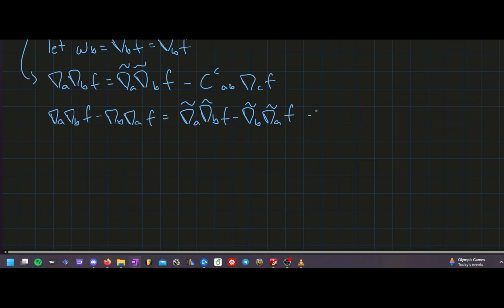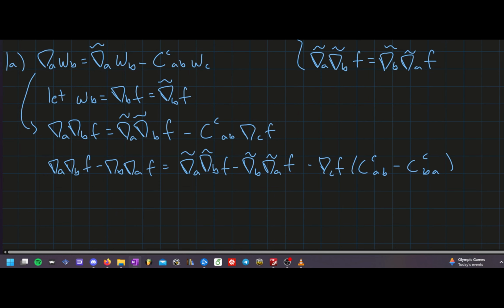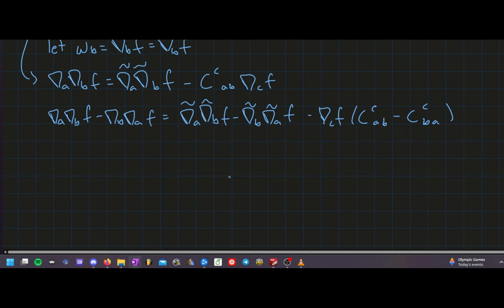And then we're going to have something like, okay, but we can recall from up top here that the nabla tildes are torsion free still, so these actually just end up canceling to 0.